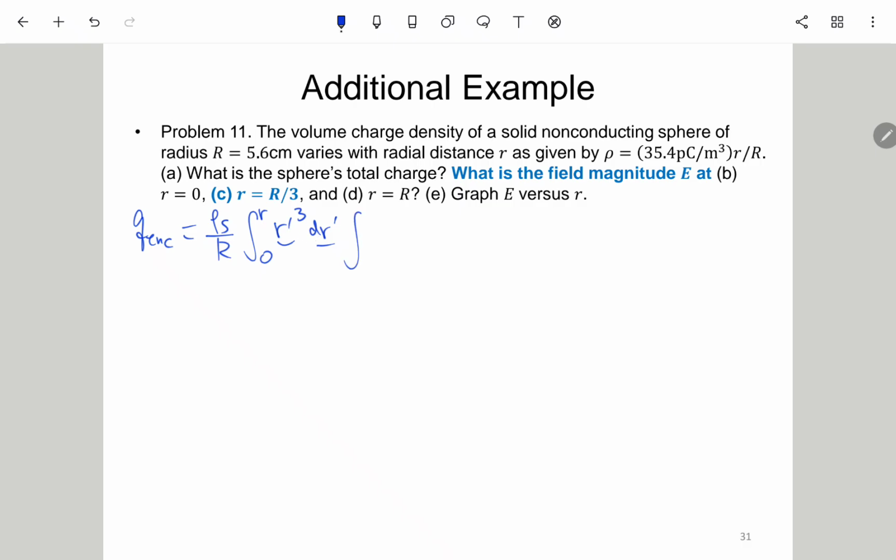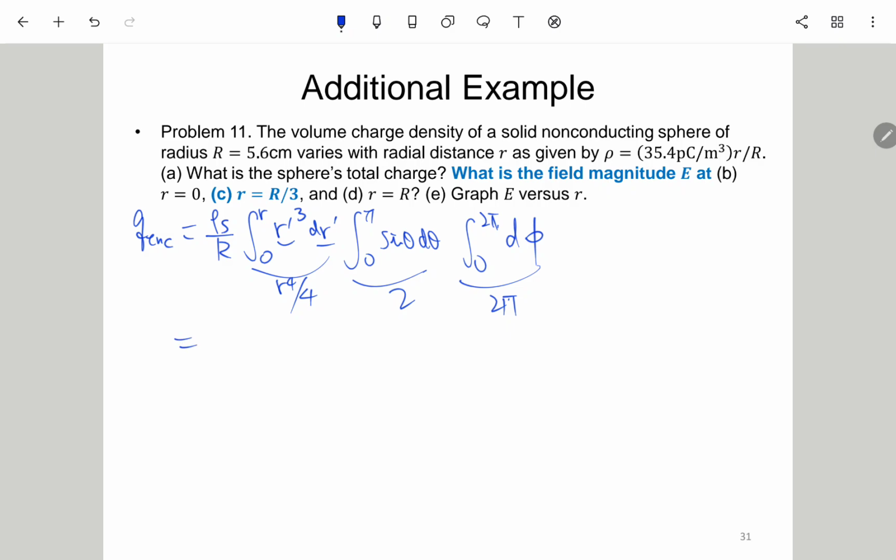And then the remaining part will be the same because it's a whole sphere. So it's sine theta d theta from 0 to pi, and then 0 to 2 pi d phi. Similarly, this one is 2 pi, this one is 2, this one will be r to the 4th power over 4.